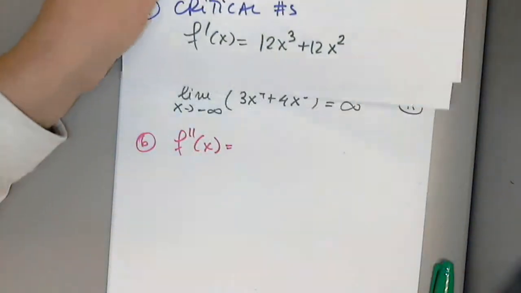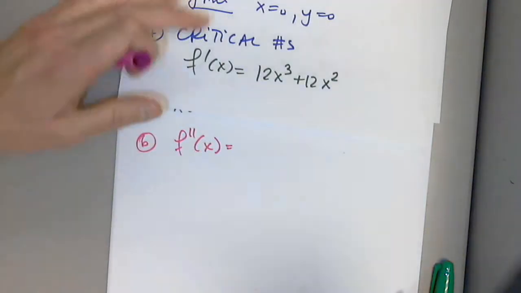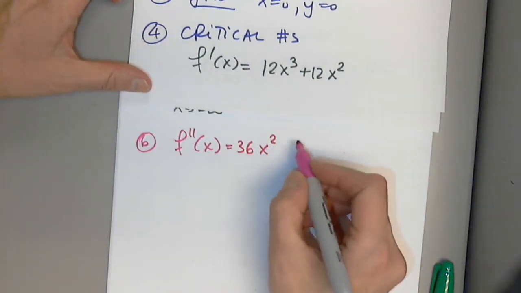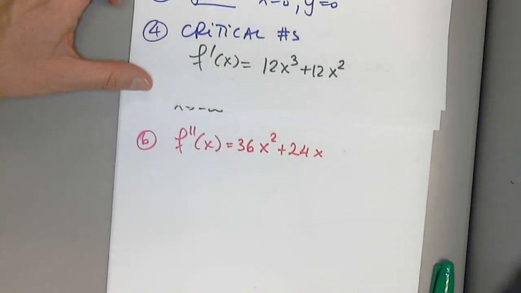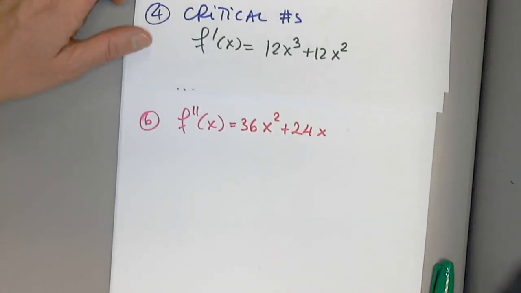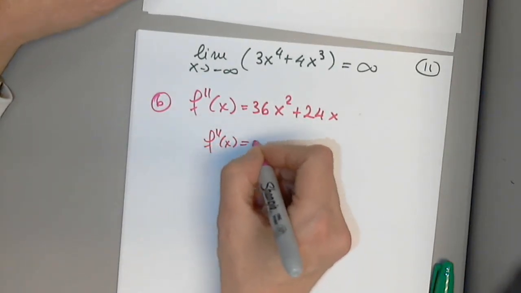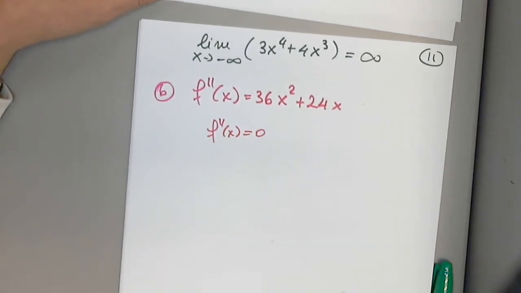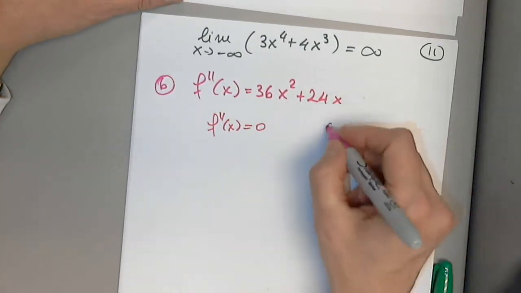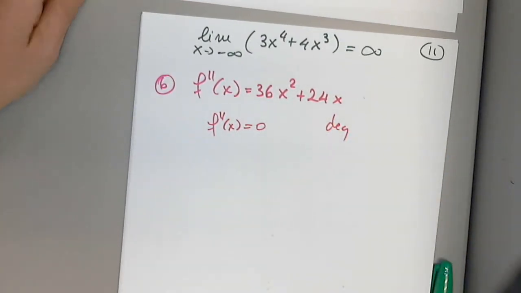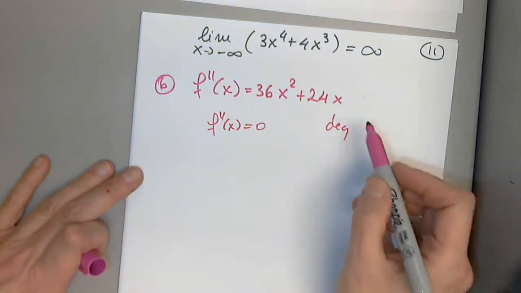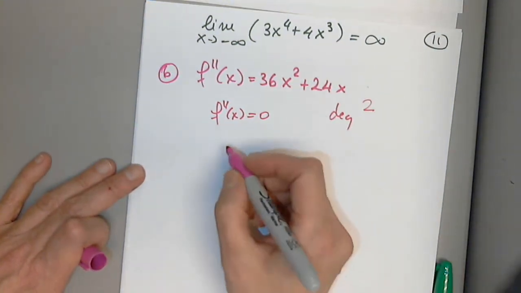So here's the first derivative. So this will be 36x to the second power plus 24x. Like with the first derivative, we are going to set it equal to 0 only. What is the degree? So I know how many solutions I have to find. Degree is 2. I have to find 2 solutions. Very good.